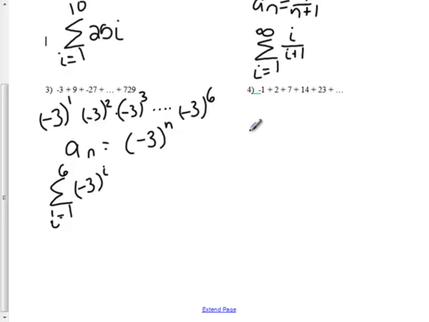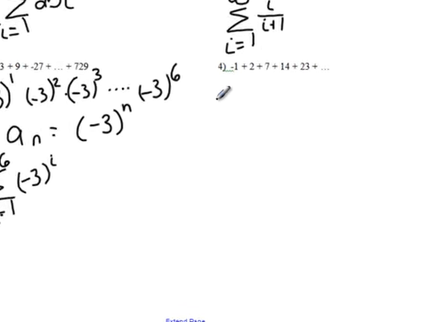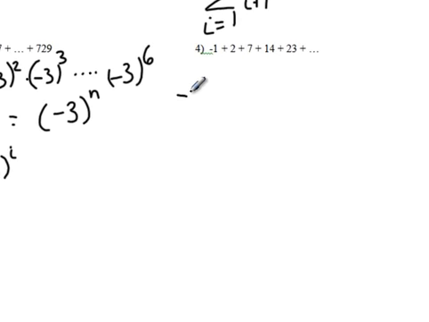Then our last rule. Our rule goes a little bit different, but if you guys notice, -1, so to get -1, I took 1, squared it, then I subtracted 2. To get 2, I did 2, squared it, subtracted 2. So 2 squared is 4, 4 minus 2 is 2. Then I took 3, I squared it, and I subtracted 2.